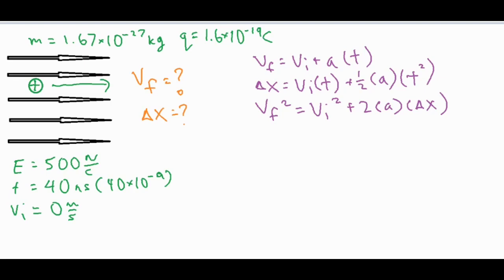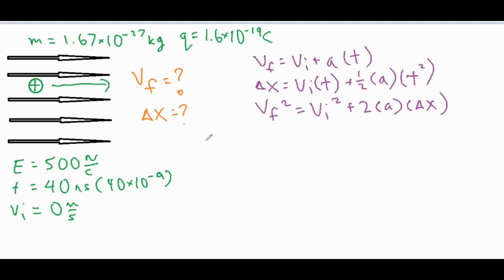And when you use these problems, you have to have three known variables, and then you can solve for a fourth variable that is your unknown. So as of now, we have the initial velocity, we have the time, and we're going to solve for the acceleration first, and that's going to be really helpful because there's an a value in each of the three formulas.